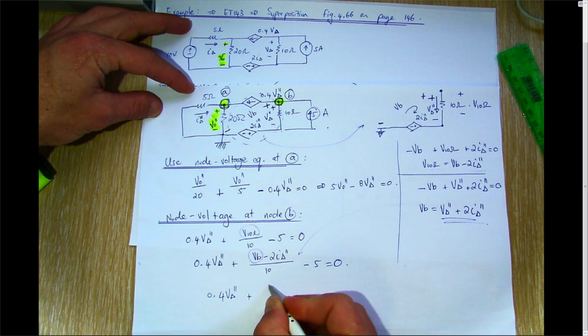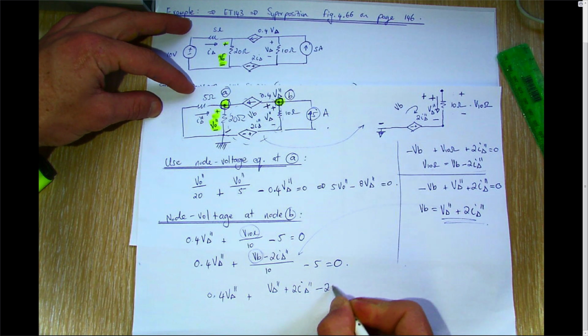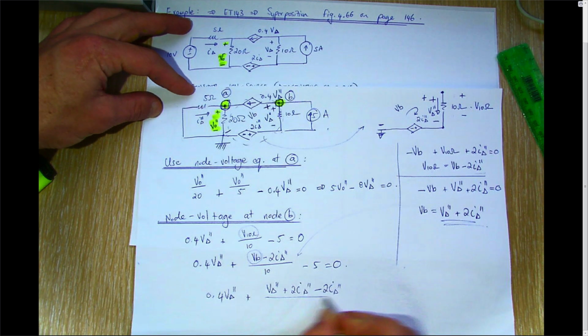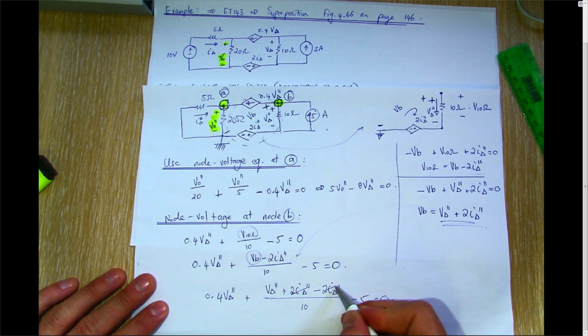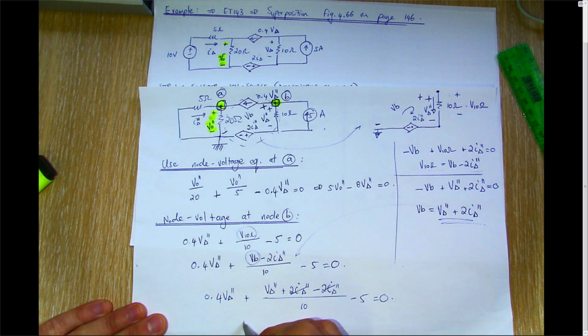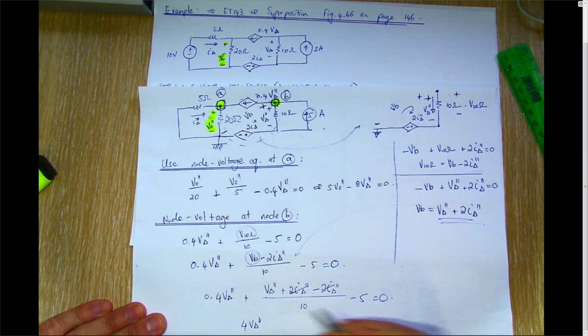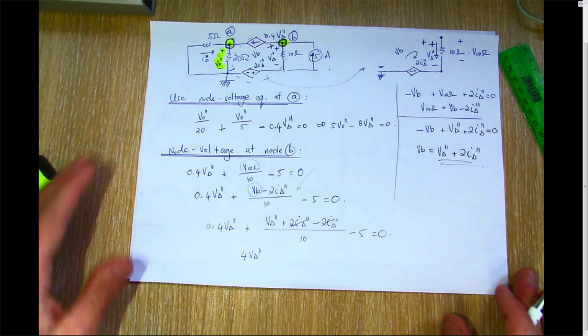Plus V delta double prime plus 2I delta double prime minus 2I delta double prime, divided by 10, minus 5 is equal to 0. These cancel out, and I am left with an equation that looks like this. I've got 4 V delta double prime. Let's just move to make some space. Okay, I'm going to substitute this over that one.